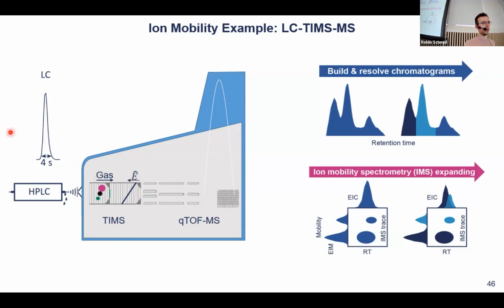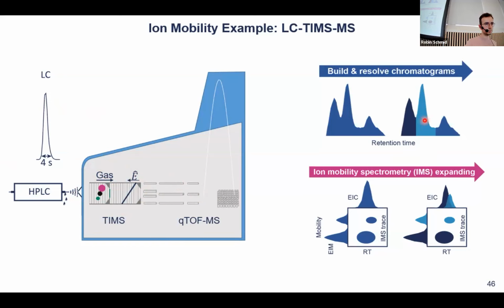For every ion package that comes from the LC, we can do one ion mobility separation. This is what happens in here. Then we need a really fast mass spectrometer to separate these ion packages and say, okay, these ion packages have these mobilities, or these drift times, or are this big.